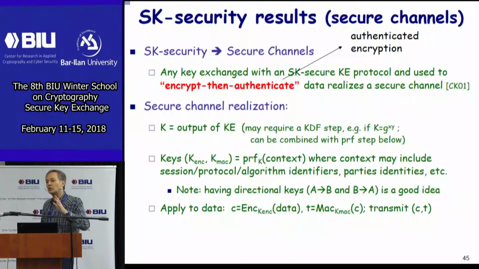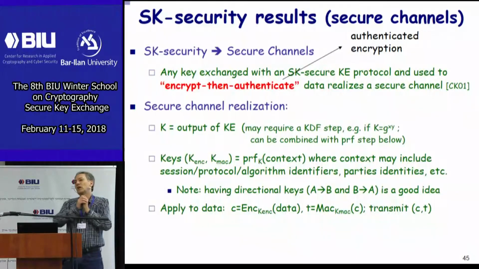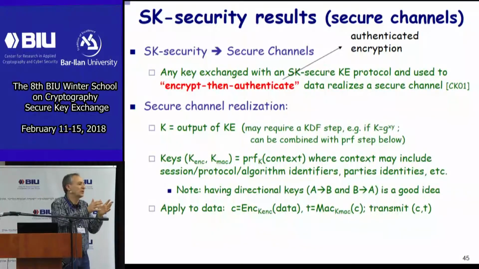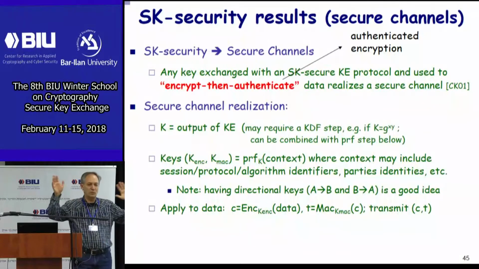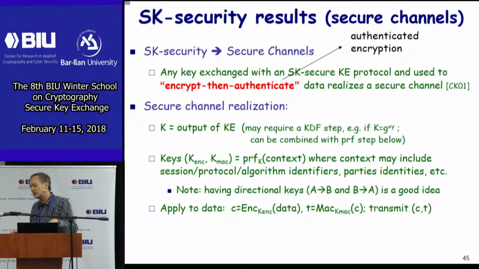We thought that secure channel, when I was working with Ran, we were defining secure channel. What is a secure channel? You take a message, you encrypt, you authenticate, and you send it. Now you have to find a model that works the way you assume it works. In practice, you don't really encrypt and authenticate a message as a whole.